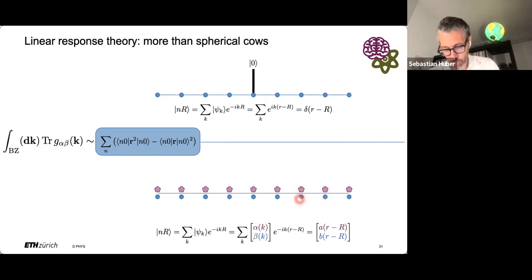I make here two types of orbitals that my particle might hop in between. And then my Bloch wave function, of which I take the Fourier transform, has a weight in this orbital and the weight in that orbital, times that exponential factor that we also had up here.